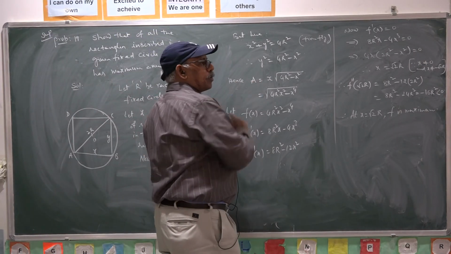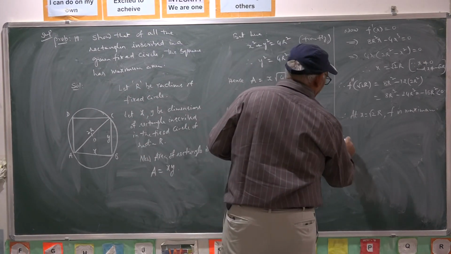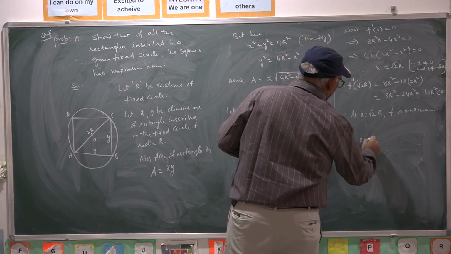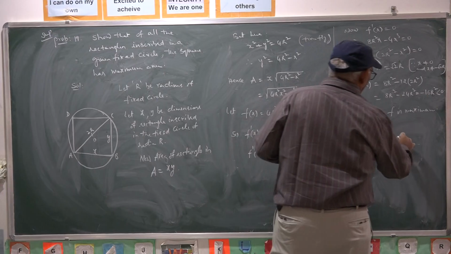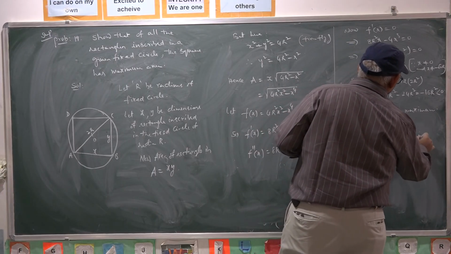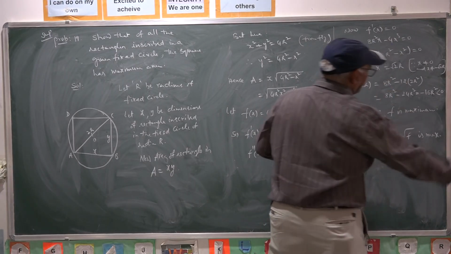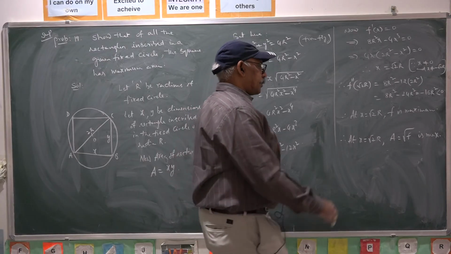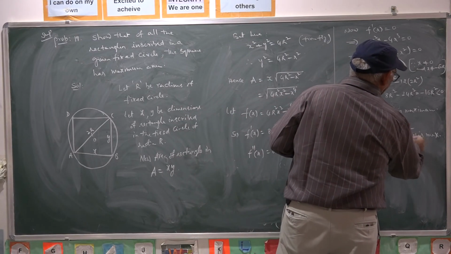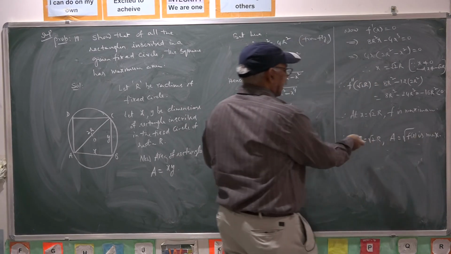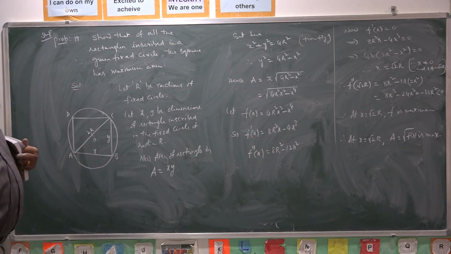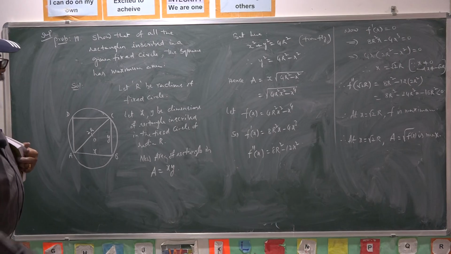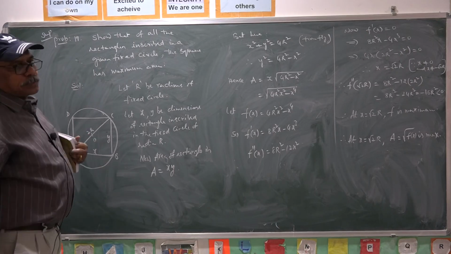In such case, A is also maximum. Once f(x) is maximum, root f(x) is also maximum at that value. At x equal to root 2r, the area of the rectangle is maximum.